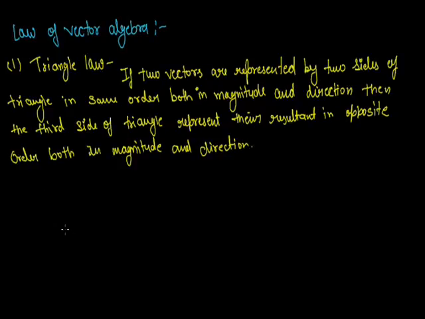For example, if A vector and B vector are in same order, then their resultant is the third side of the triangle in opposite order, and it is written as R vector equal to A vector plus B vector.